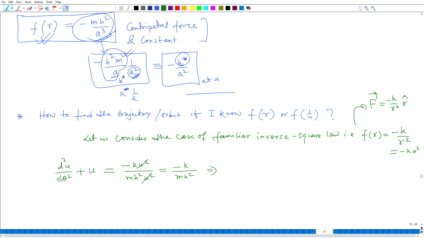You can now say this is a constant, because k is the constant of proportionality, m is the mass, and h is the angular momentum per unit mass, which is also constant.